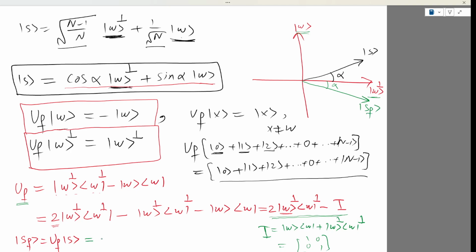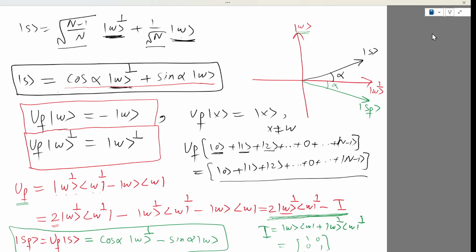So this is nothing but cosine alpha W perpendicular minus sine alpha W. You can work it out in detail if you want, but since in just the last lecture I described how reflection operators work, and this operator has exactly the form of the reflection operator, reflecting around the W perpendicular axis, after reflection around this W perpendicular axis, S state becomes SF state.